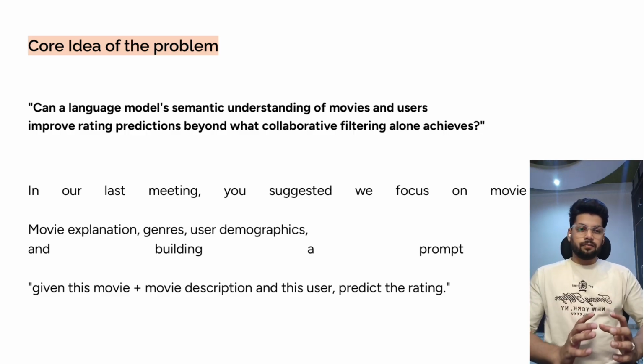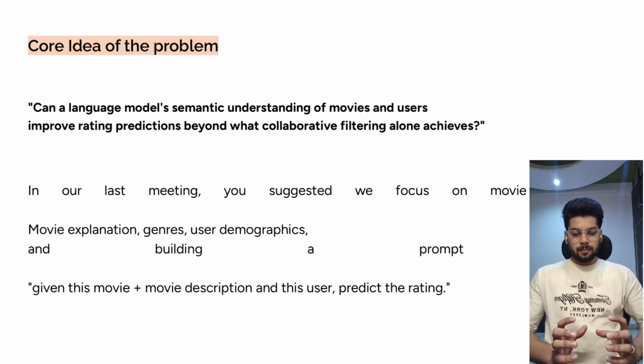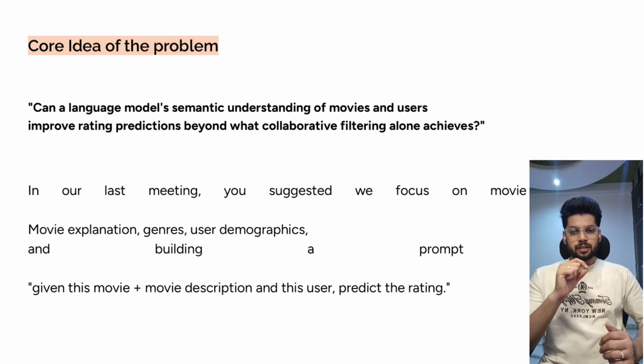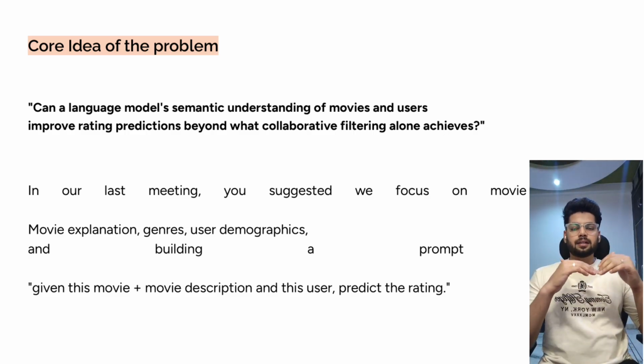Our main focus was to generate a good prompt where we give it the movie and all the data about the movie and also the user, and with these details it has to predict the rating for the movie.